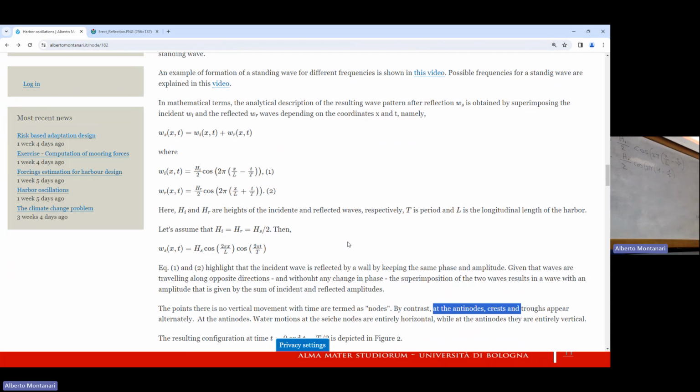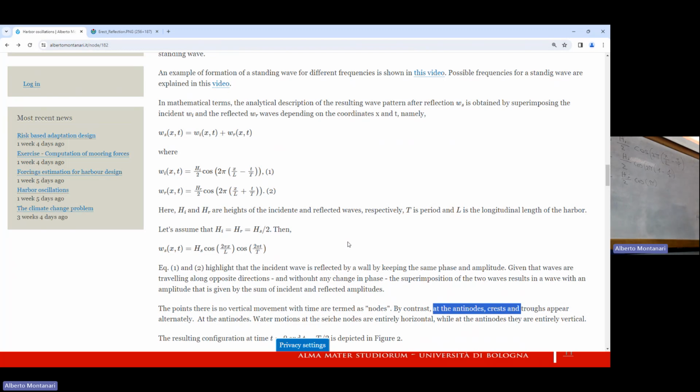Because t divided by 2, divided by T, is 1 half. Okay? So basically this is equal to H_I divided by 2 cos of pi. Okay, this is the incident wave.